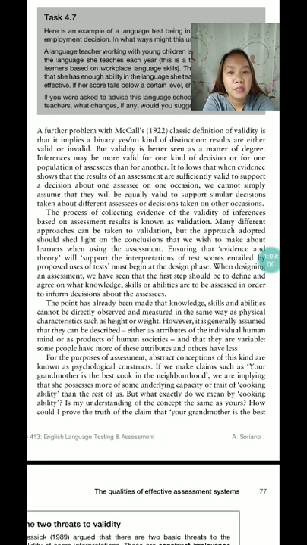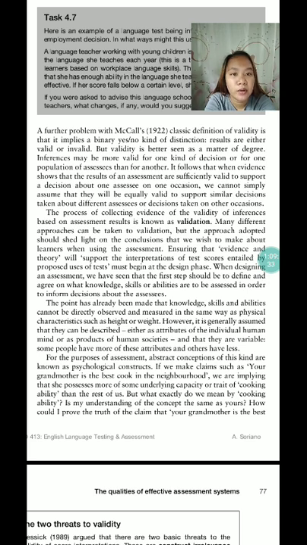A further problem with McCall's 1922 classic definition of validity is that it implies a binary yes-no kind of distinction. Results are either valid or invalid, but valid is better seen as a matter of degree. Inferences may be more valid for one kind of decision or for one population of assessees than for another.